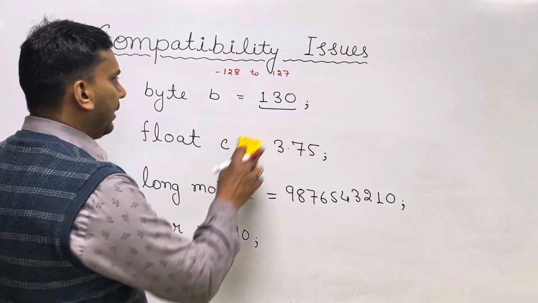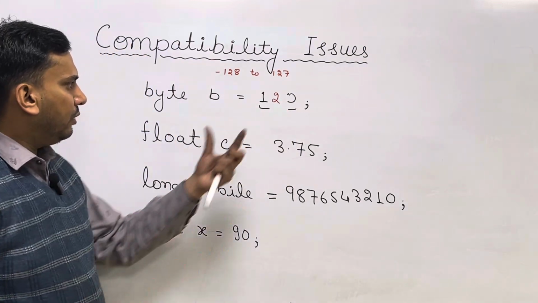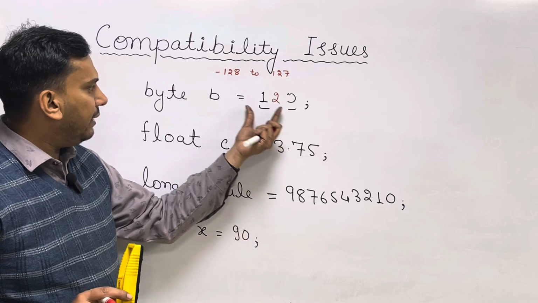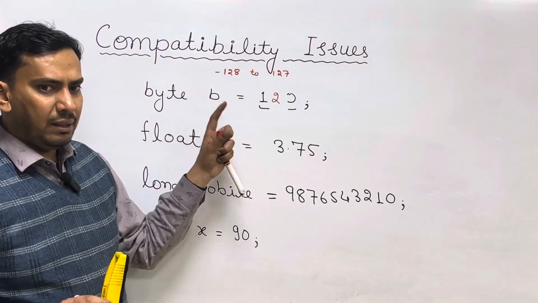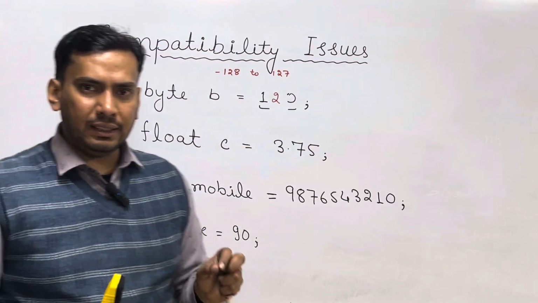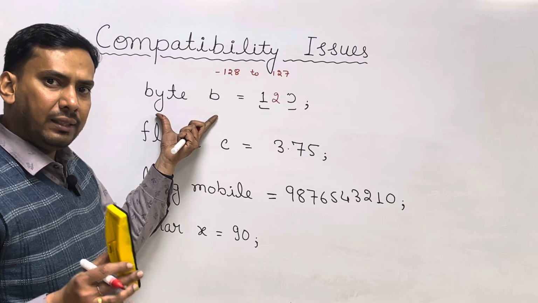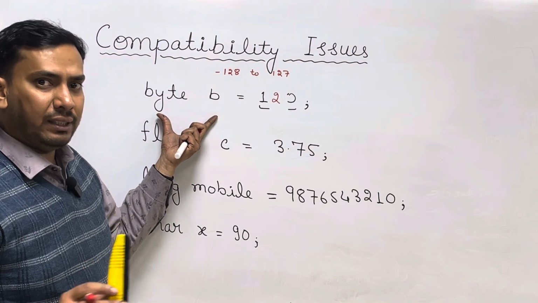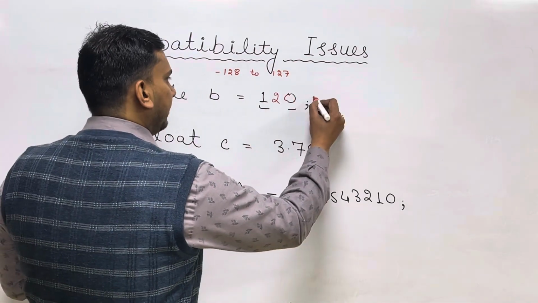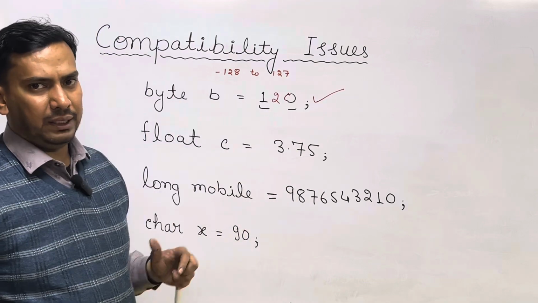It means if I assign here 120 to the byte variable, although as per the concept 120 is int and I am assigning int to byte, so it should be narrowing, but this is an exceptional case. In case of integer types, if the value is within the range of a data type, then it will be allowed without any type conversion. Means this statement will be compiled and it will be giving you the value 120 for B.